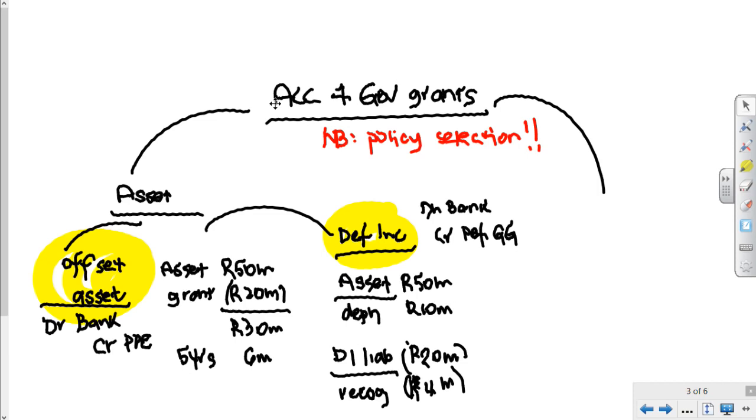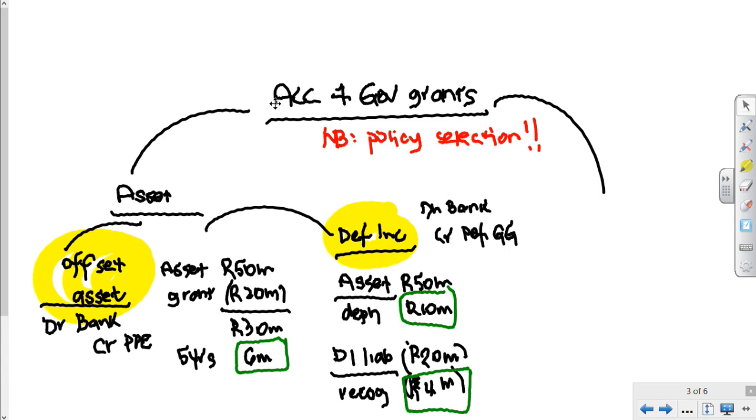And you can see that the net effect of this and this is the same as that, isn't it? So all it is, this policy, is it's not affecting profit. It just affects presentation. Do you agree? Because in my P&L, if I've chosen the offset method, I will have one item. It will just say depreciation 6.